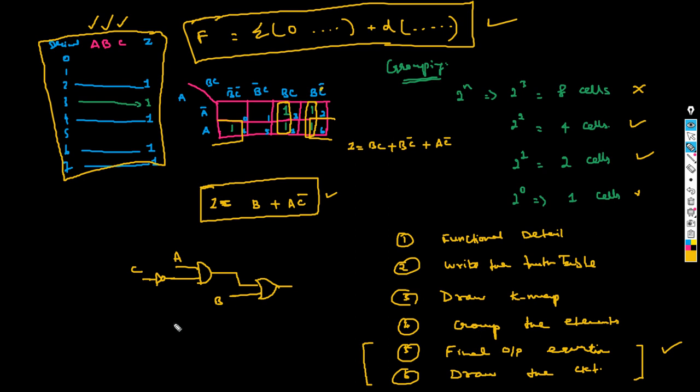One, two, three. Ideally speaking, in this case there is one inverter, then one AND gate, and then one OR gate. Whereas in this case, it is going to be, as usual, one inverter, then three AND gates, and then one three-input OR gate.